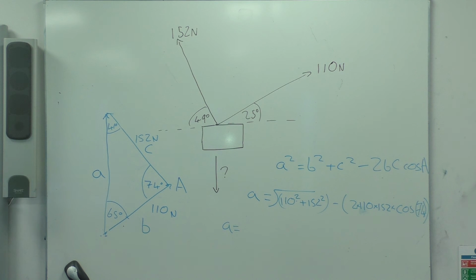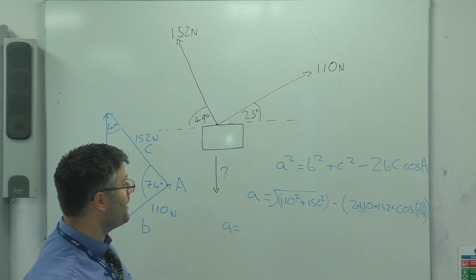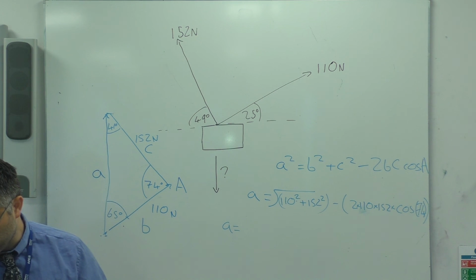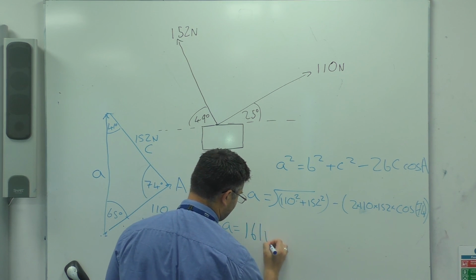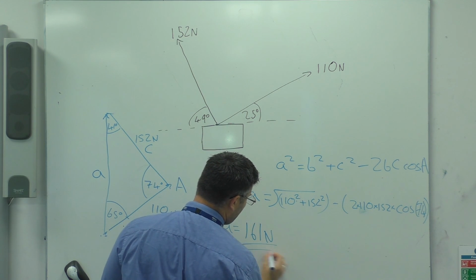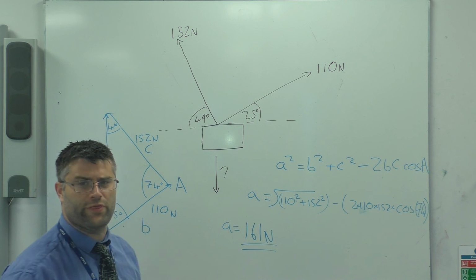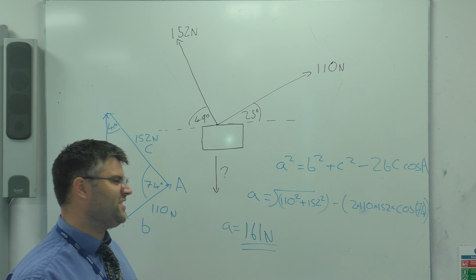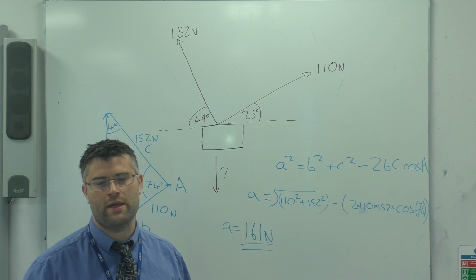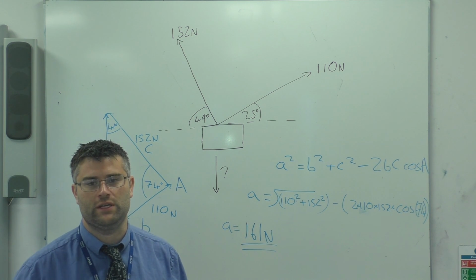Right, so I've just double checked my answer twice in the calculator and I got 161 newtons. With long calculations like that, it's worth putting them in twice. If you get the same number twice, brilliant. I do it just as a practice and to make sure I don't make any mistakes, especially on these videos.